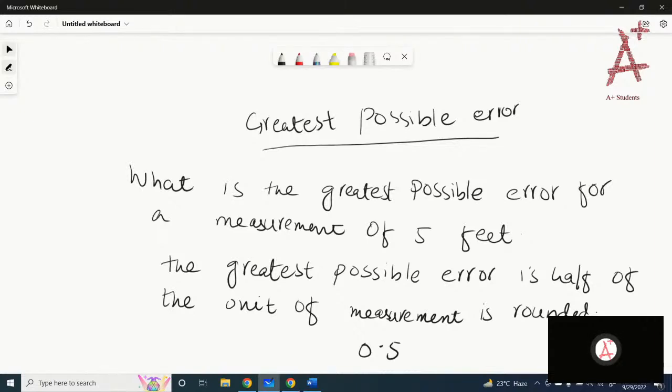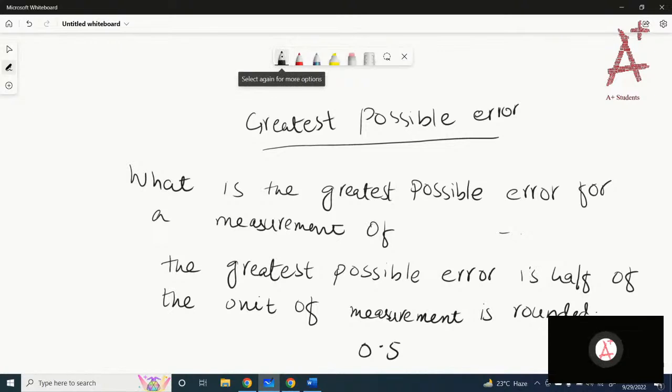Like for the whole numbers, like 5 is a whole number, you have to take half of the unit, half of 1 foot. So half of 1 foot is 0.5. That means the greatest possible error is 0.5. Got it? Okay, the next one is what is the greatest possible error for a measurement of 4 kilometers?